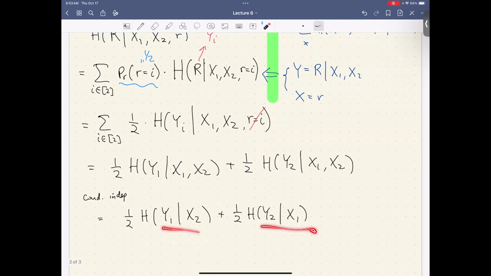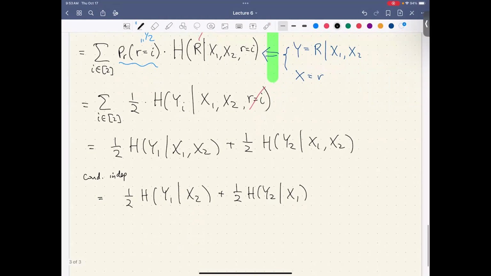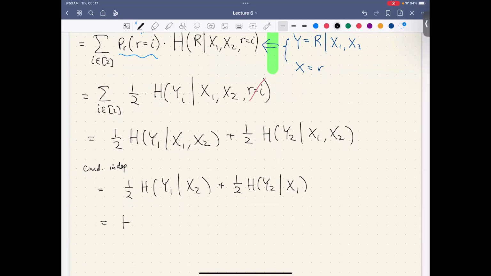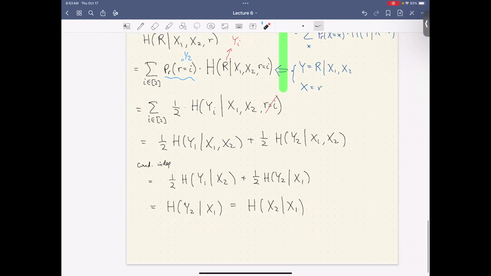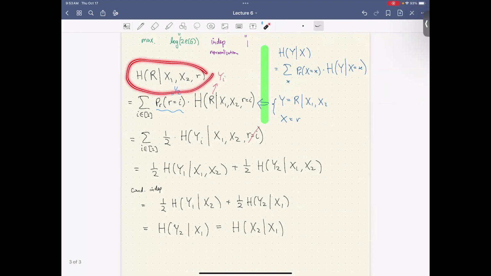These two are symmetric, so let's just write it as 1 times H of y2 given x1. Conditioning on x1, y2 and x2 are independently and identically distributed. So finally, we write this last conditional entropy in a very clean form.